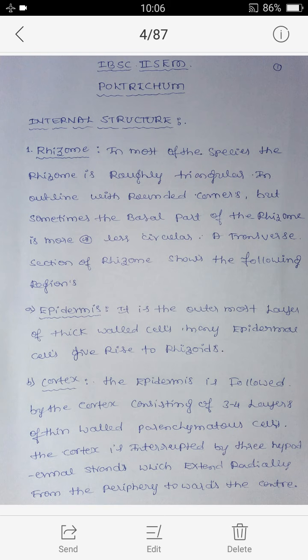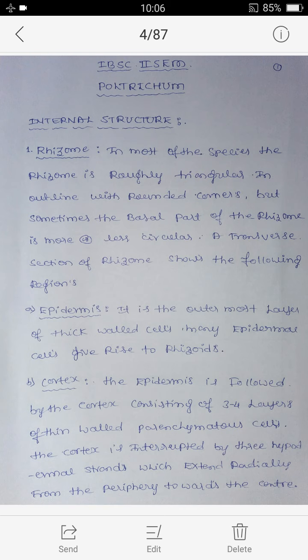In most of the species, the rhizome is roughly triangular in outline with rounded corners, but sometimes the basal part of the rhizome is more or less circular.